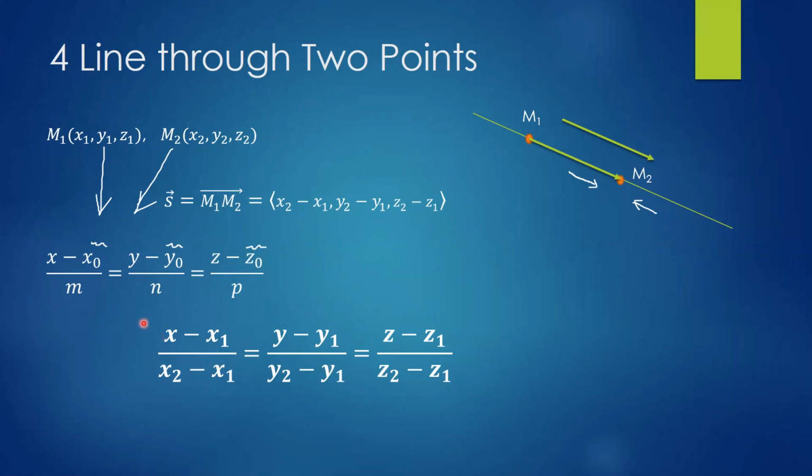You don't have to write this equation from scratch like this. You can say, okay, let's first of all find the direction vector S separately, vector M1M2, or AB, if you like, whatever the names of these points are, and then just write the canonical equations using that vector.